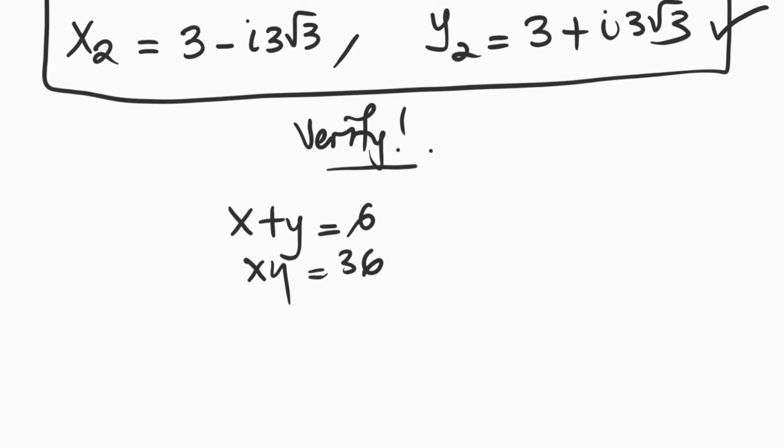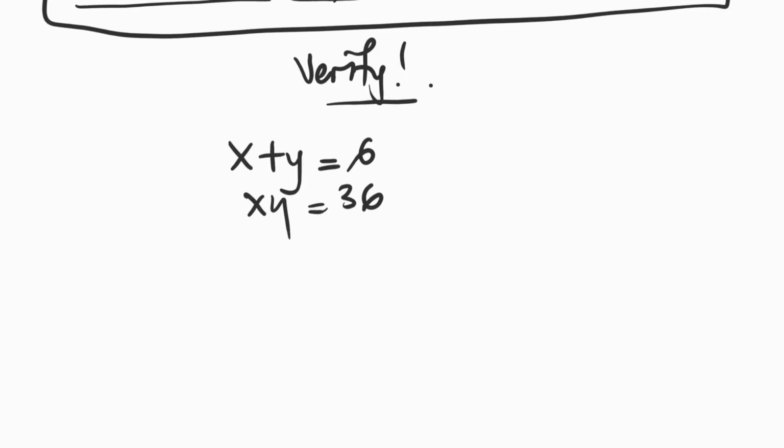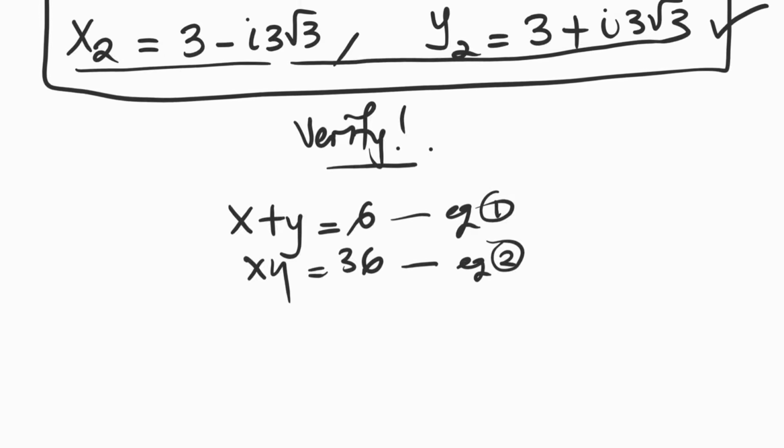Now let's use the second answer, x2 and y2. It doesn't matter, we could as well use x1 and y1. Let's see if equation 1 is correct if we plug in the values of x2 and y2.